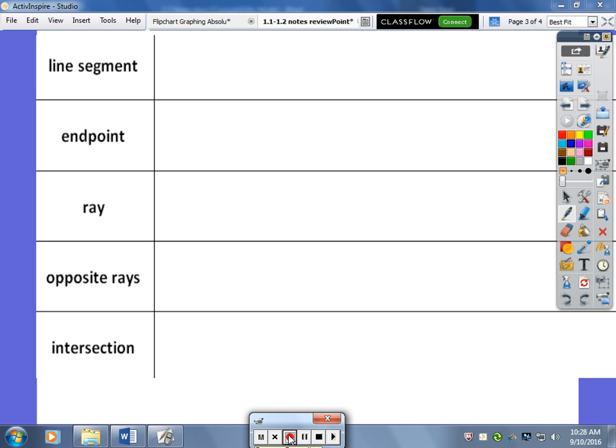A line segment is a part of a line that has 2 endpoints. We draw the line segment with those 2 endpoints on both ends.